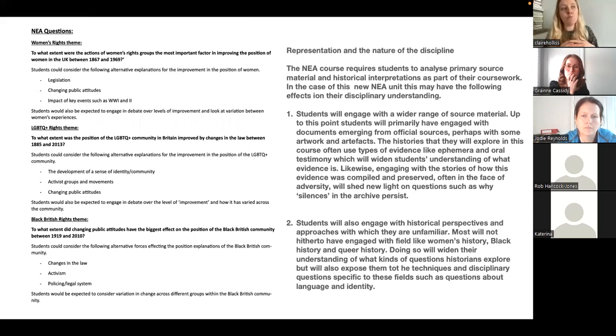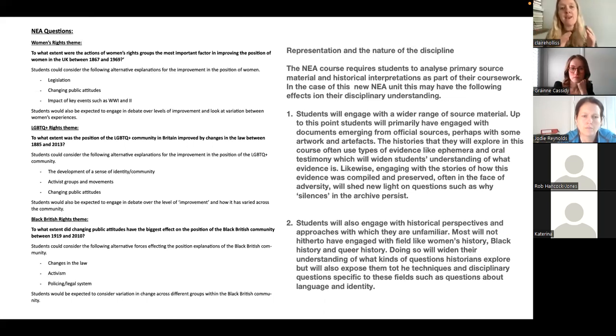This was a real opportunity, we thought, because up to now in the history spec, they will have primarily dealt with sources like speeches, letters, sections of law, etc. Really primarily politically focused sources, mainly drawn from national archives or official archives or collections.